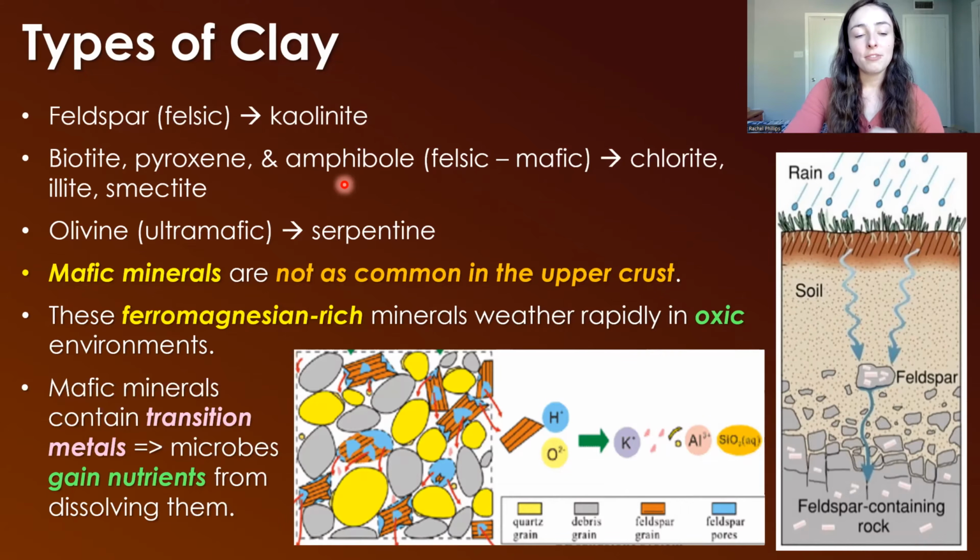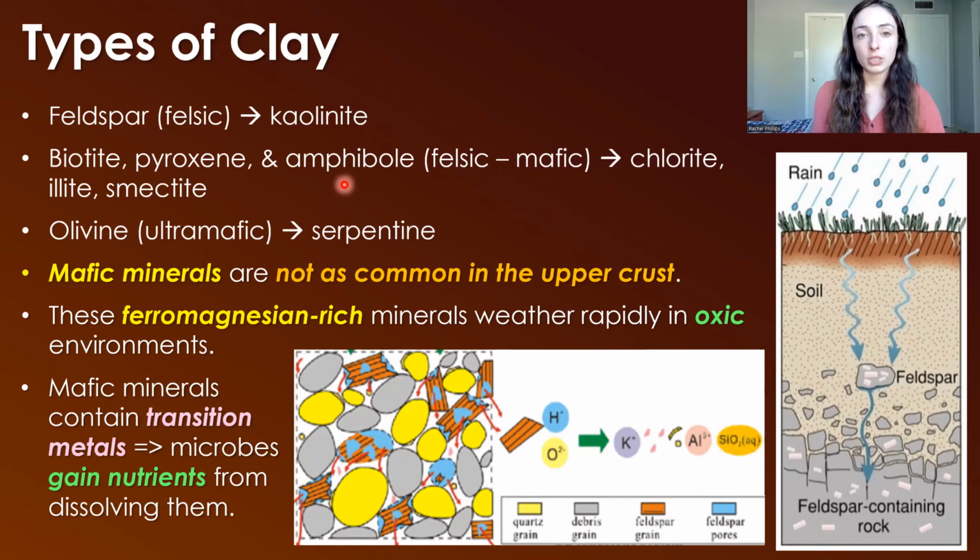And because mafic minerals also contain the majority of transition metals on Earth, they are also great targets for organisms, microbes and fungi and stuff. They love to attack mafic minerals to get transition metals from them because transition metals are important micronutrients for these organisms, including us.